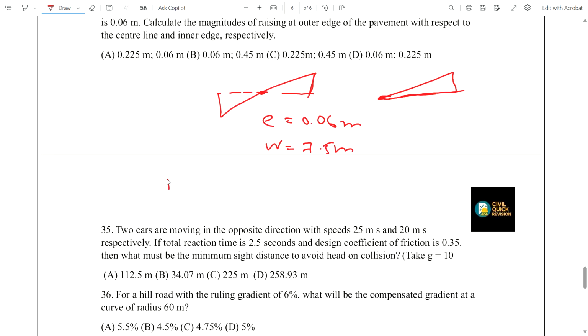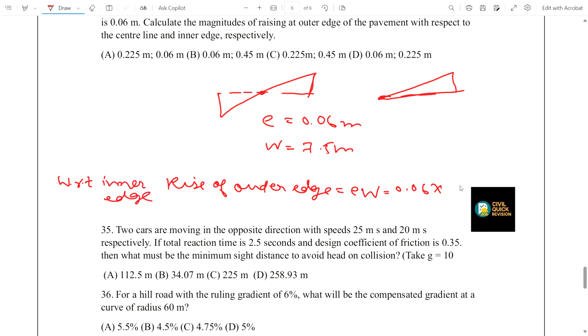that rise of outer edge is equal to E into W, that is super elevation into width, that is 0.06 into 7.5, with respect to inner edge. You got the answer 0.45 meter.